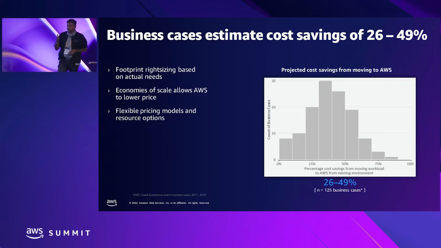The next one is the Savings Plans as well as the RI plans, which help the customer reduce the cost of running their application by up to 72% with discounts, with 1 year and 3 year commitments, right?